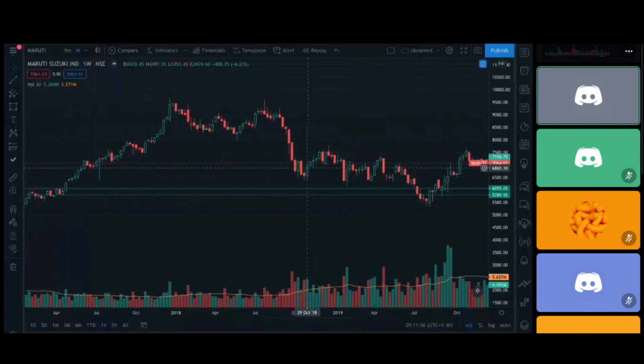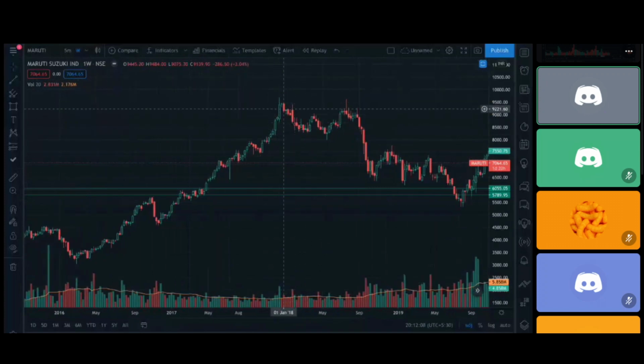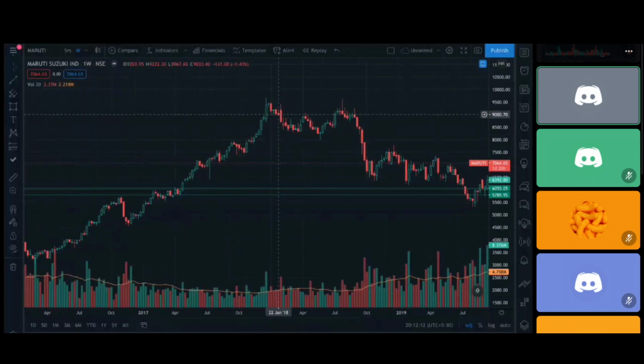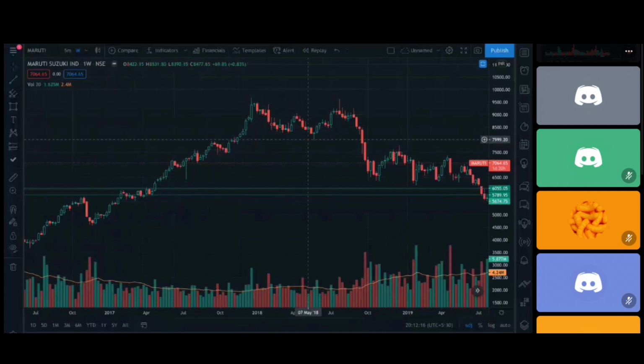But if you spot the same candle here, this is not an igniting volume. This is an ending volume, only because the stock is in a massive uptrend and you see this huge volume spike, which means the stock can see a potential reversal, right? I hope that makes sense.